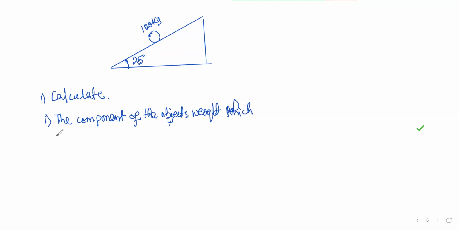Two, the unbalanced force down the inclined plane.